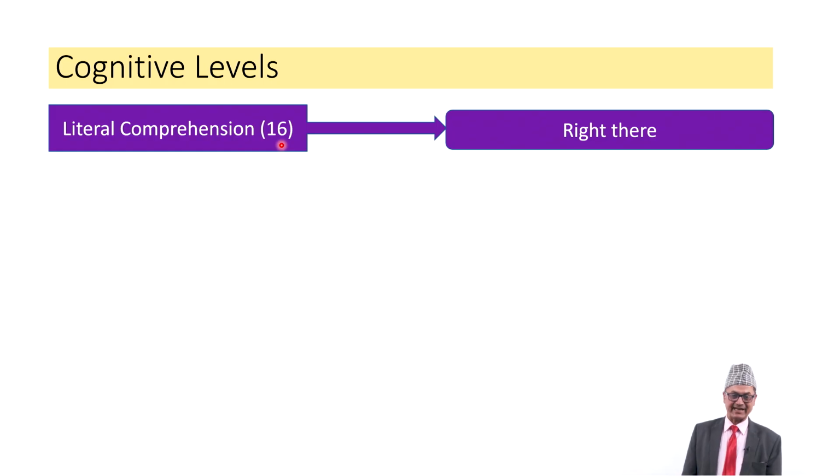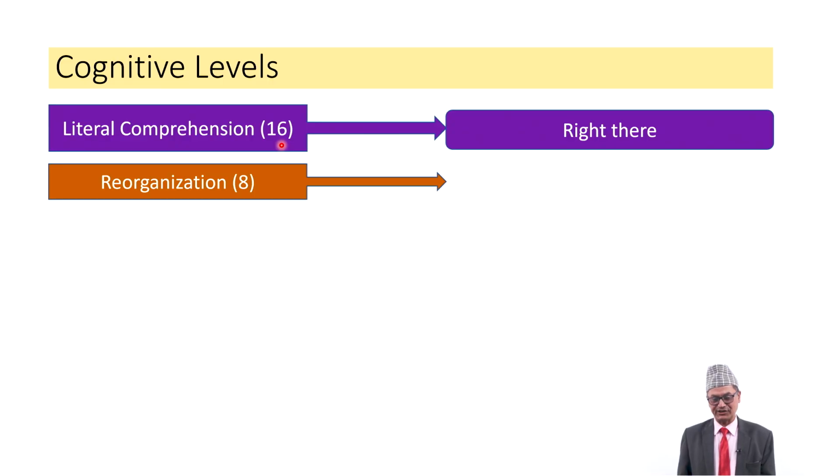So, I will repeat it again. Dear students, literal comprehension refers to the right-there information. I will give you an example in the next slide. So, first you have a basic idea. Literal comprehension refers to the right-there information. The information is exactly given in the text and you will pick it up and write it down.